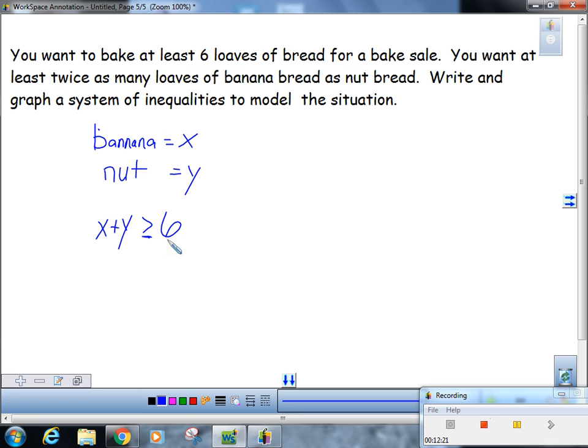So we want at least twice as many. So I think that other one will be 2 times X is bigger than or equal to Y. So we have at least twice the banana breads as nut bread. Yep. Got it? Okay.